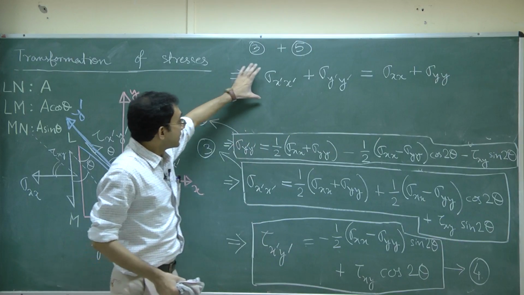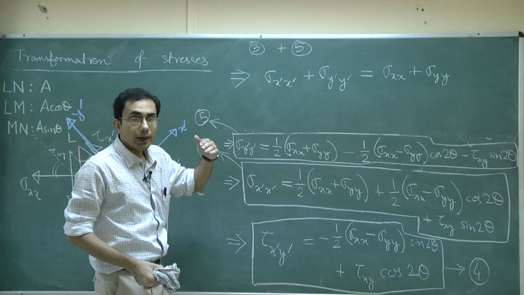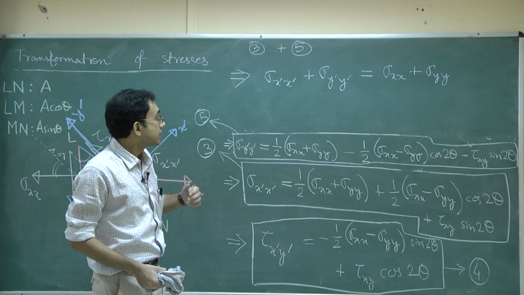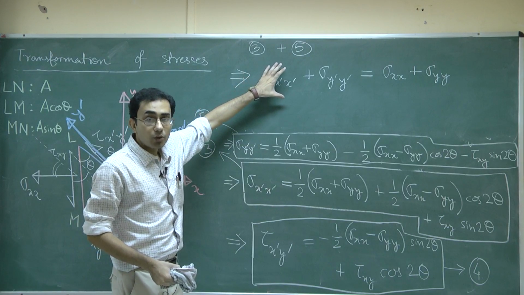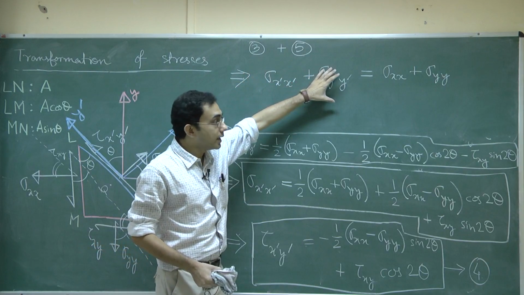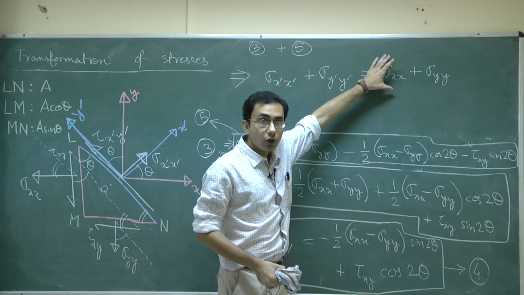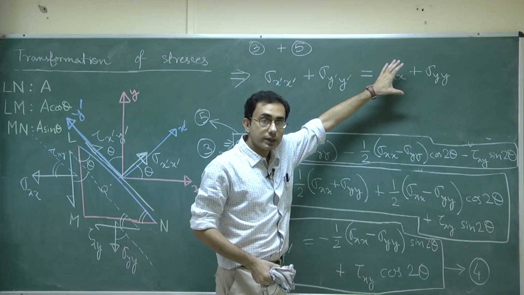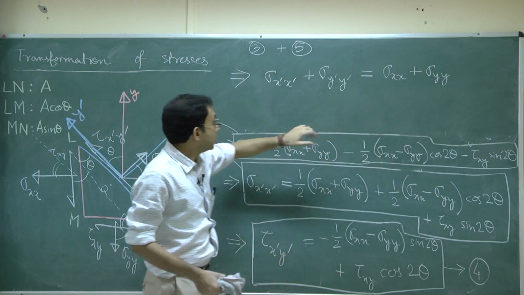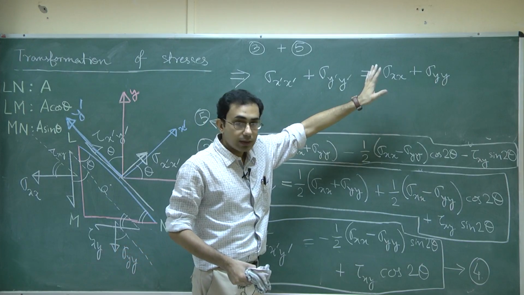So this nice relationship comes out that no matter which kind of or what orientation of the coordinate axis we choose, the summation of the normal stress components sigma x dash plus sigma y dash will always be equal to the summation of the normal stress components in another coordinate system. Please note that this does not at all mean that sigma x dash will be equal to sigma xx, nothing like that.